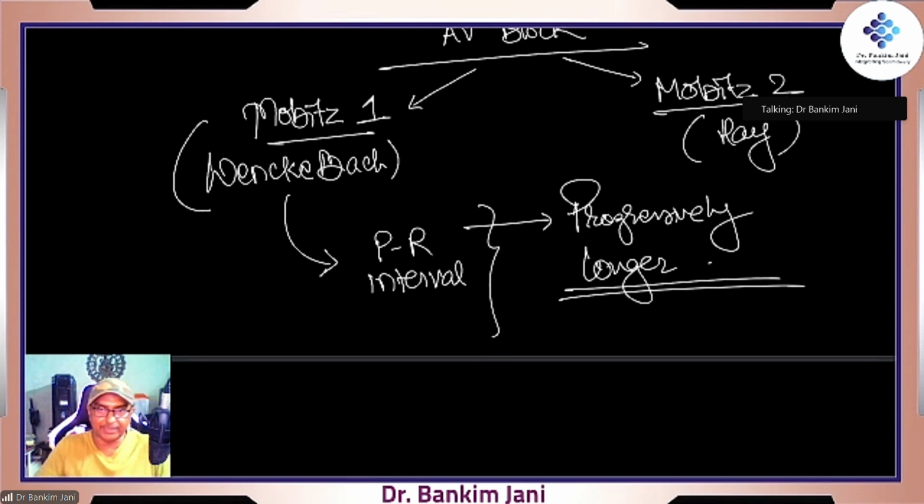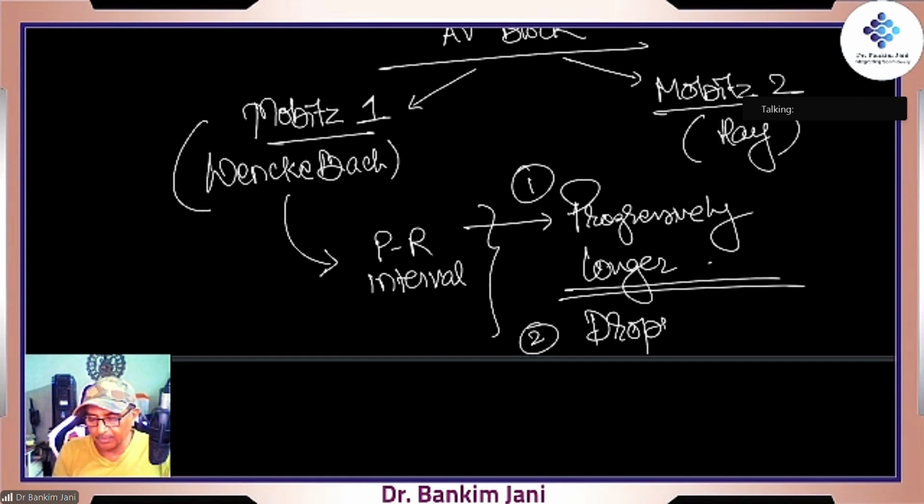This is where at times you might have to take a running strip. You measure one PR interval, you measure the second PR interval, you measure the third PR interval, and you find that it is increasing. Right? This is one point. The second point, drop beat. There would be a drop beat.